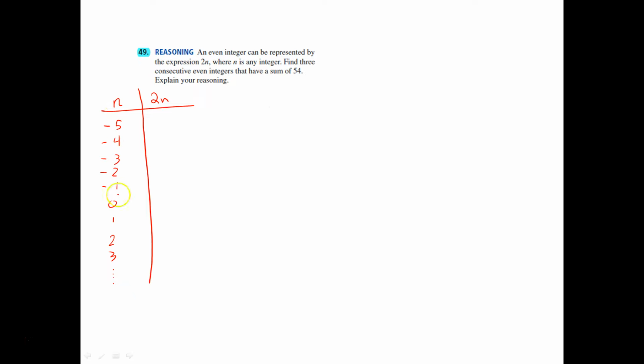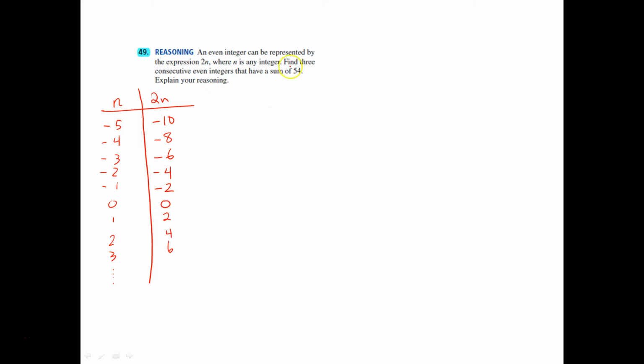So if n is all the integers, then 2n is all the even integers. So 2 times -5 is -10, 2 times -4 is -8, 2 times -3 is -6, and so on.